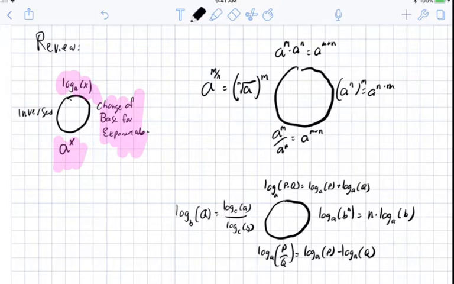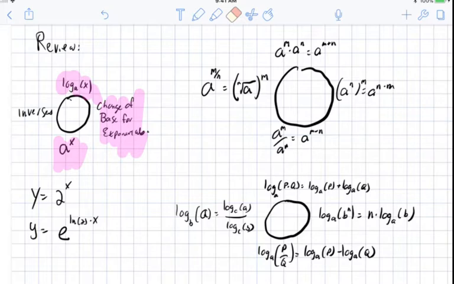Somebody says 2 to the x. If my calculator only has base e, and some of them do, if you look around, your calculator probably has a function like that, how do you deal with it? You can rewrite this expression using the change of base formula as e to the ln of 2 times x.